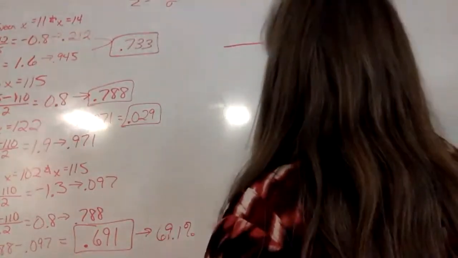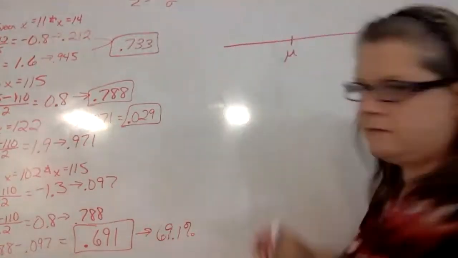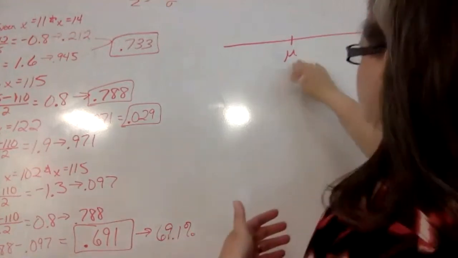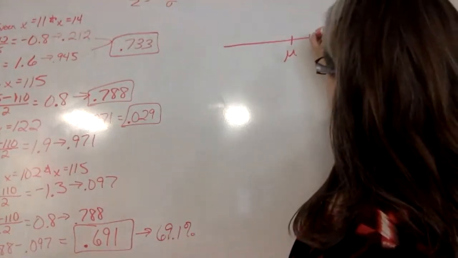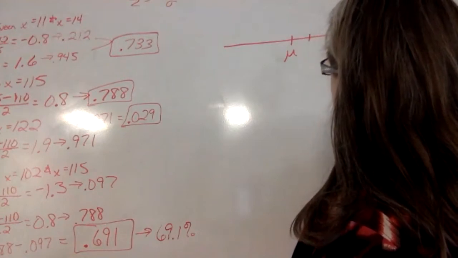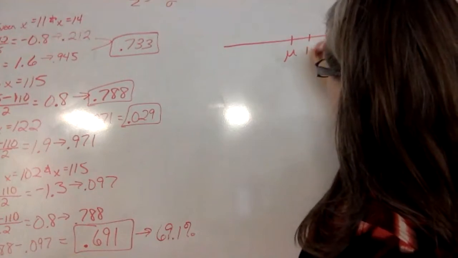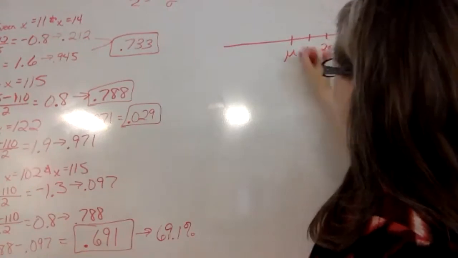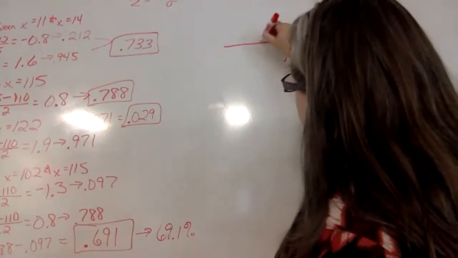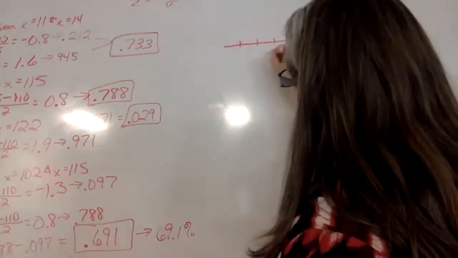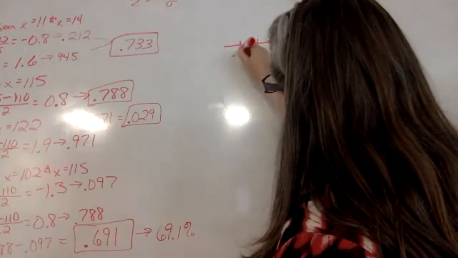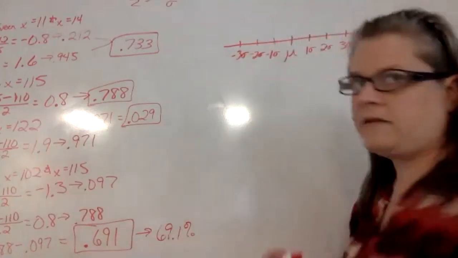Okay, in the middle is your mean, which they use the mu symbol, the lowercase Greek letter. Then going this way, you had 1 standard deviation, 2 standard deviation, 3 standard deviations. Going this way, you had -1 standard deviation, -2 standard deviation, -3 standard deviation.